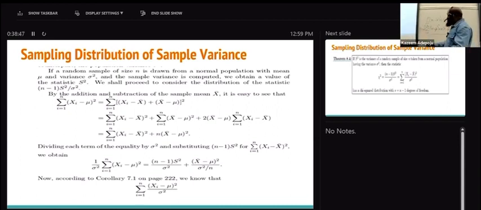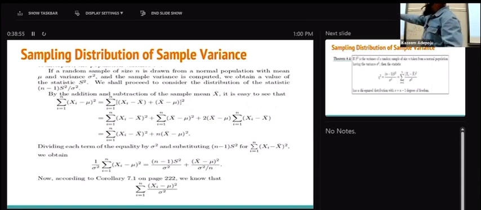We said, let us divide them by sigma squared. After dividing by sigma squared, we want to substitute n minus 1 s squared for that. How do I know? What is the formula for sample variance? It is this guy here. That is the formula for sample variance, right?